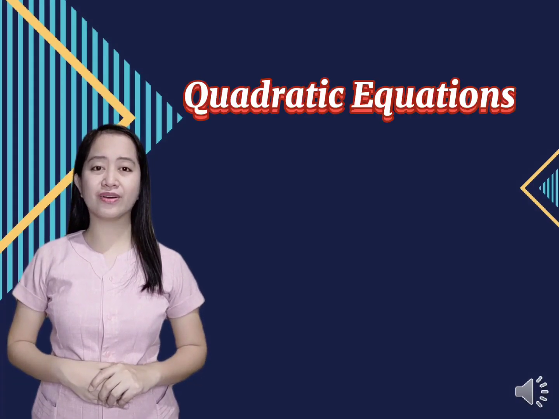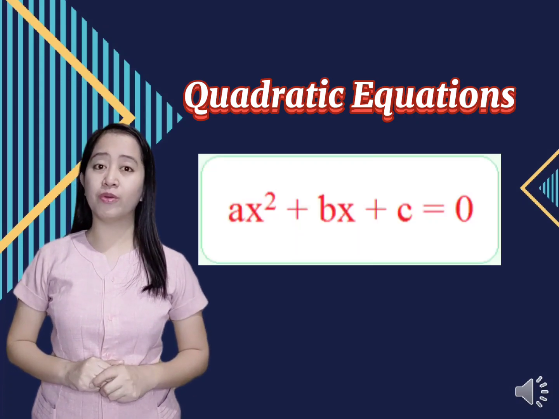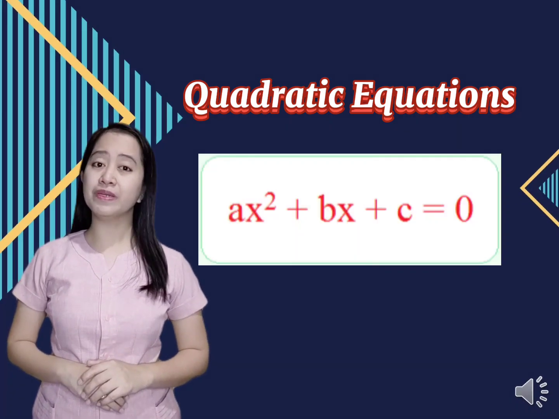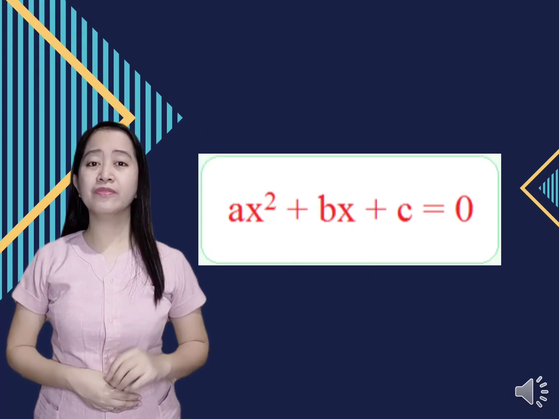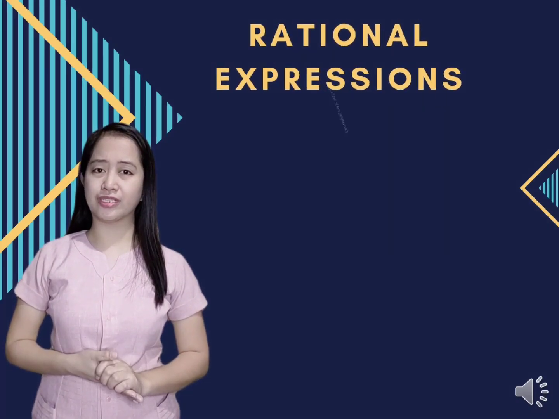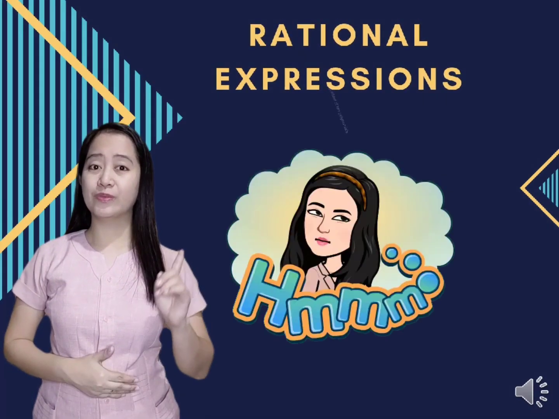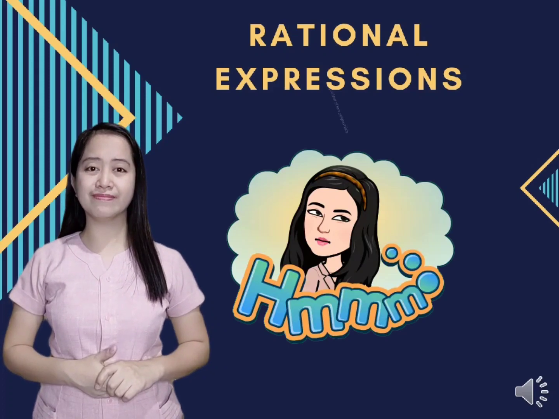So far, what you have learned from our previous lesson are quadratic equations that are in standard form or the ones that can be written in standard form. But what if the quadratic equations involves rational expressions? Can we also use those methods in solving such kind of equations?